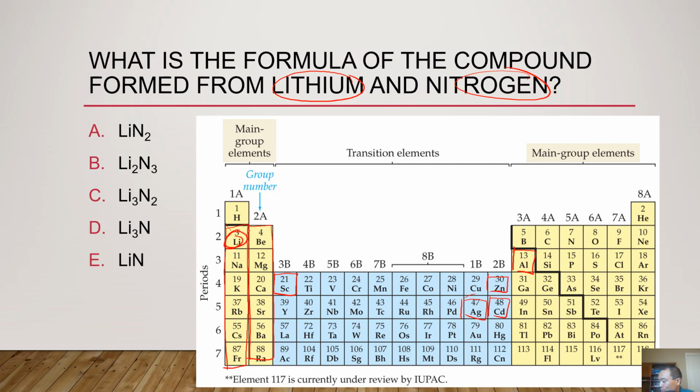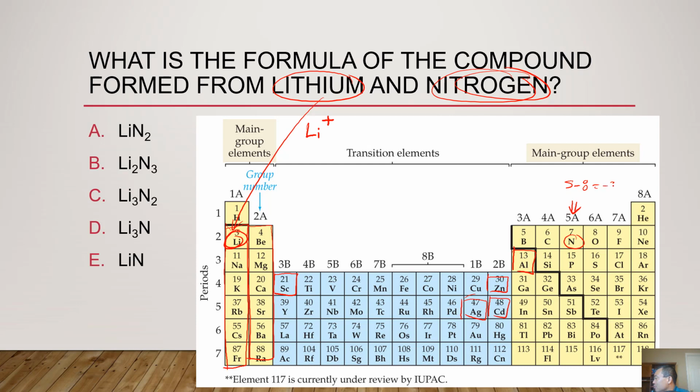Lithium is this one. So you do know lithium will carry 1 plus charge. Okay, what about nitrogen? Oh, nitrogen, when it forms an anion, it's a monatomic anion. For a monatomic anion, the charge can be determined by the group number. When you look at nitrogen, that's 5A. So the charge for nitrogen should be 5 minus 8.